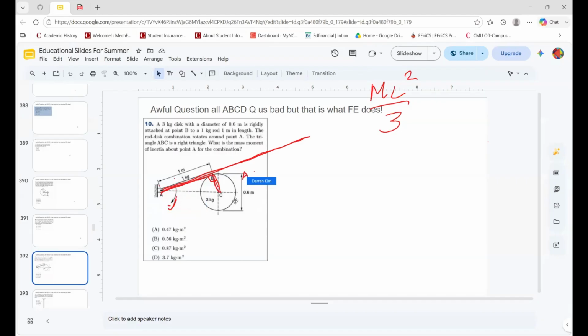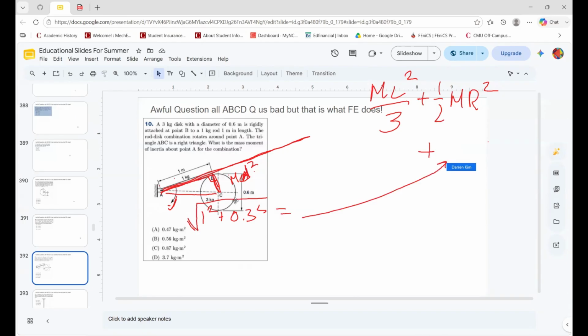This is our displacement d, and then it's mass multiplied by displacement squared. So it's going to be this plus 1/2 m r squared, and then plus the mass times this whole entire distance squared, which is 1 squared plus 0.3 squared, and that's going to be over here.